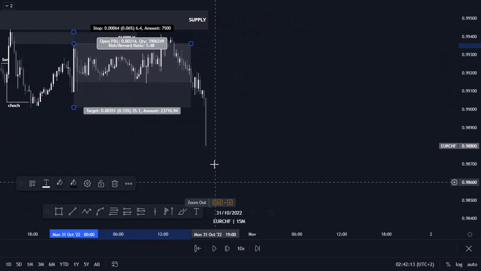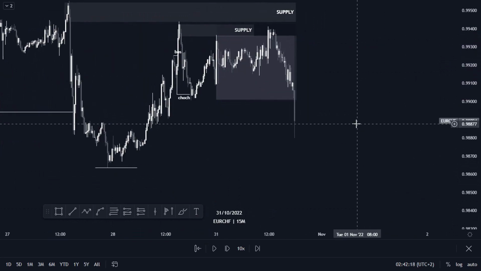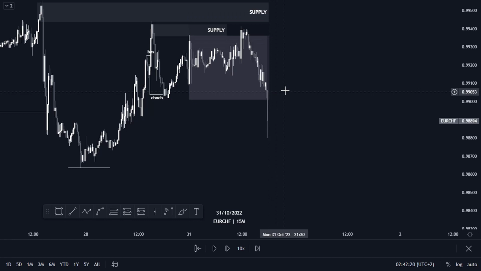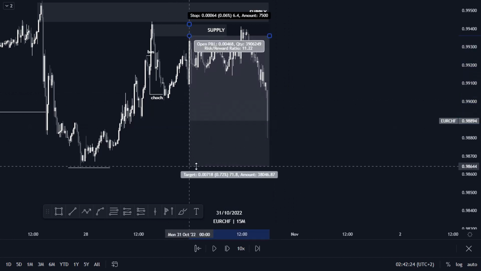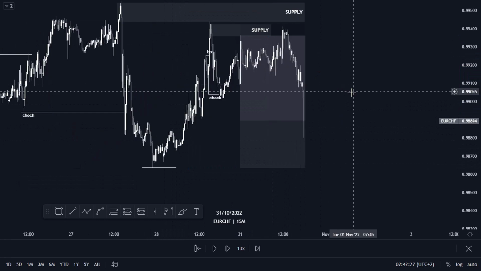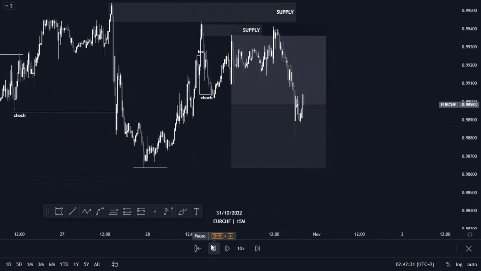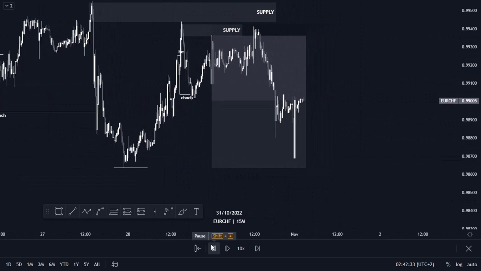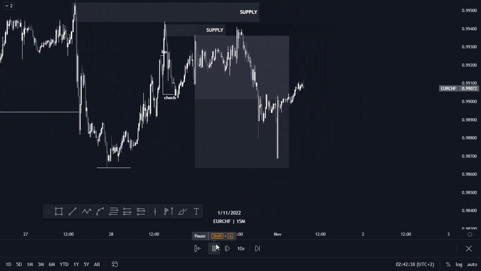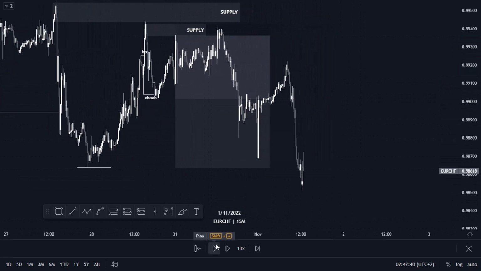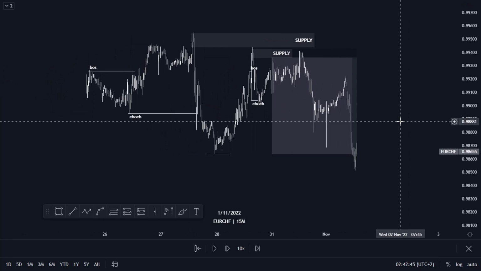We can see that price pushes down beautifully. So now, for instance, you took your partials here and you're holding it to the low. As you can see, price pushes down and hits your take profit. Okay, take profit is not yet hit, but eventually your take profit gets hit.